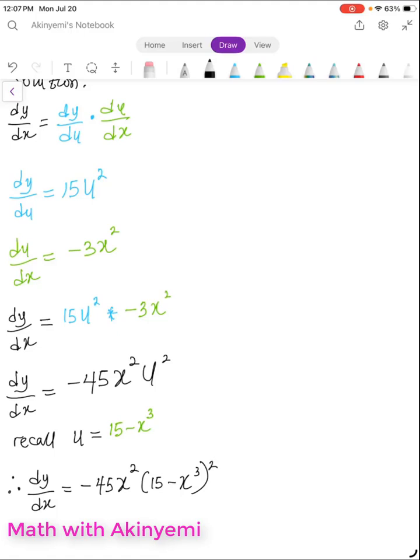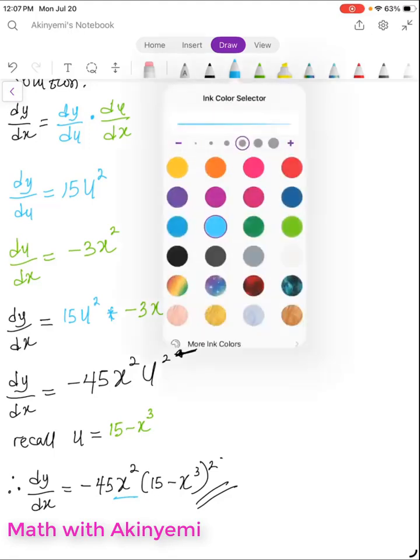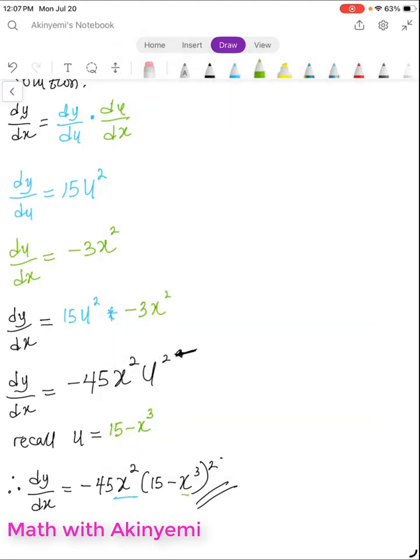So don't forget to bring this square, you see, this square, don't forget it, and that's what we brought here, and these are our final results. So x square, which is this, and then u square, which is this, that is our u, and then square. So, and that is it.